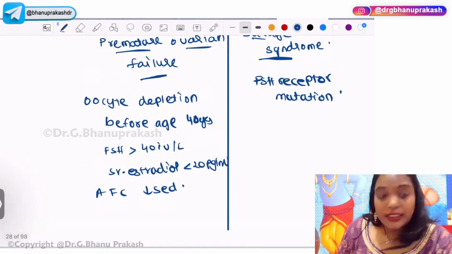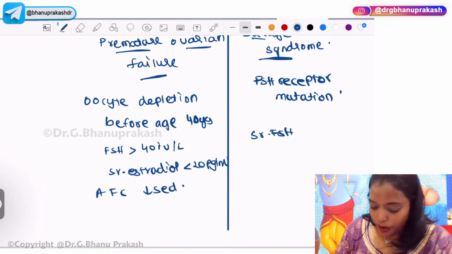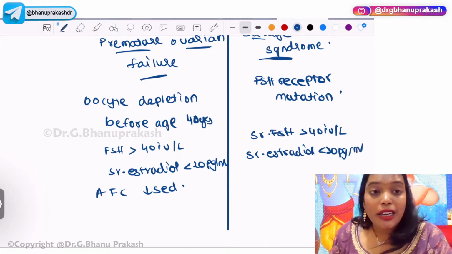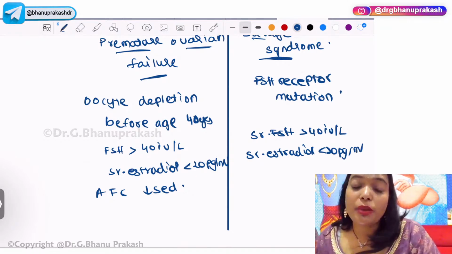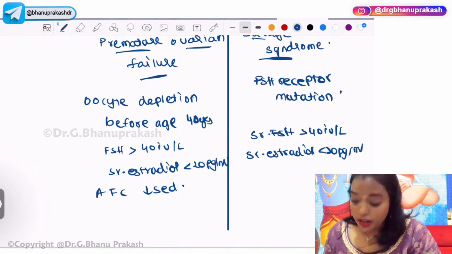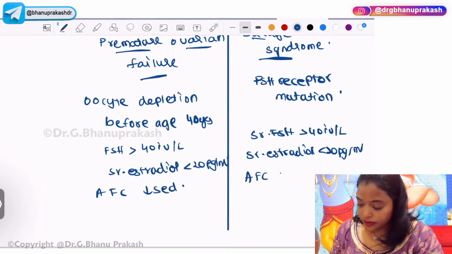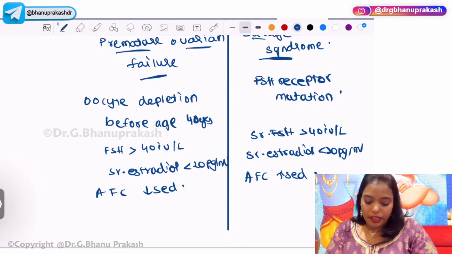In Savage syndrome, serum FSH is more than 40 and serum estradiol is the same, less than 20. But here the antral follicle count is not depleting. Antral follicles are not able to mature because the FSH is not able to act. So antral follicle count here will be increased.